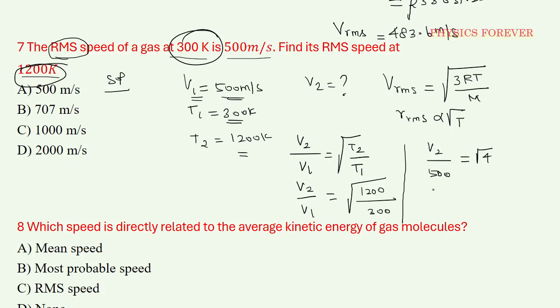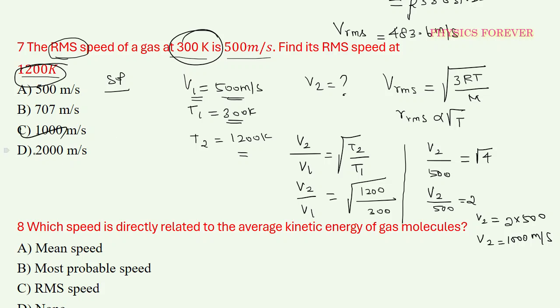Root 4, then V2 by 500 into root 4, so root 4 we get 2. Then V2 is equal to, cross multiplying, 2 into 500, then V2 is equal to 1000 meter per second. Which one is correct?